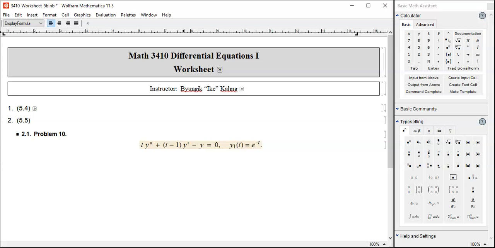Let me check if I copied the problem correctly. t y double prime plus (t minus 1) y prime minus y is equal to 0, and one of the solutions is e to the negative t power. Okay, all right, let's begin.